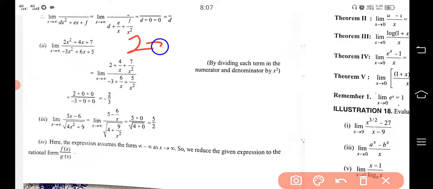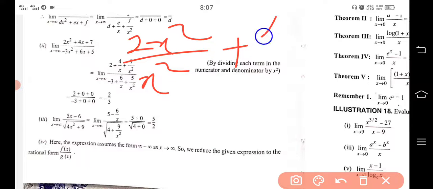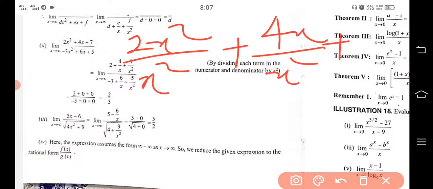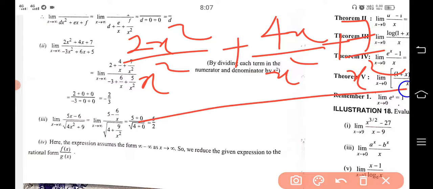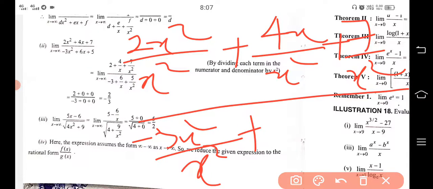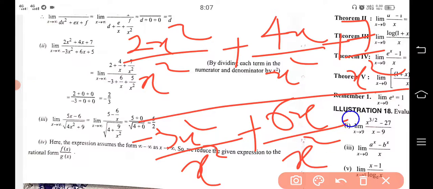I am writing down 2x square divided by x square plus 4x divided by x square plus 7 divided by x square, which is divided by 3x square divided by x square plus 6x divided by x square plus 5 divided by x square.